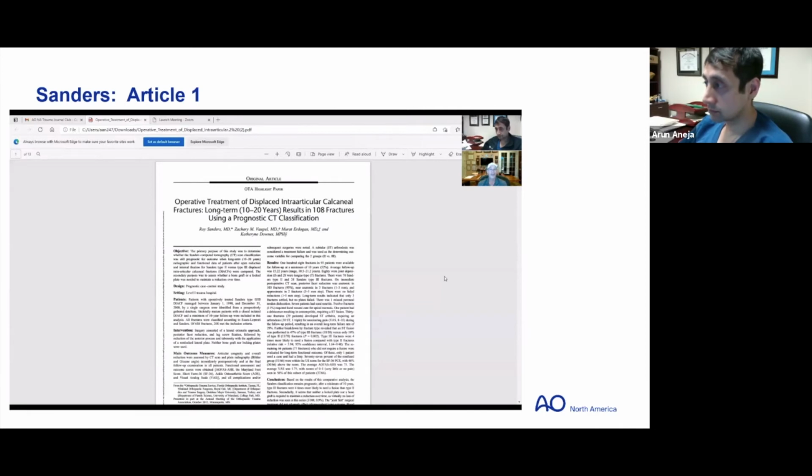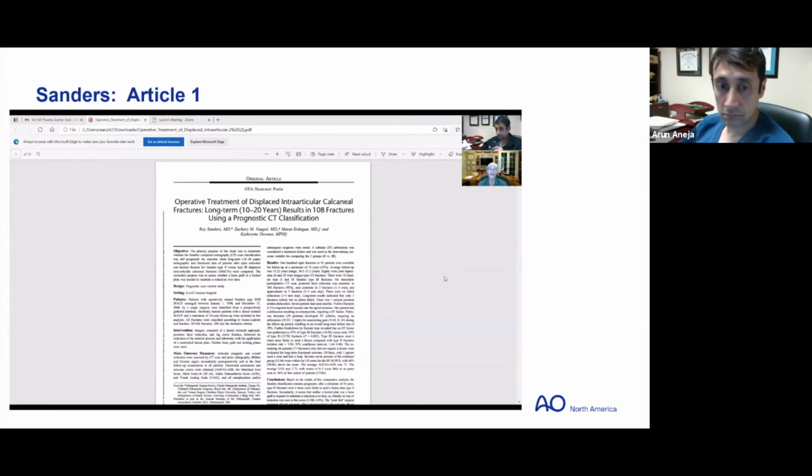At 20 years, all these people can have arthritis, but it's a varying degree of arthritis, and the people that seem to have the clinical correlation are the ones with a higher grade injury. And that really just, again, this classification has now stood the test of time.